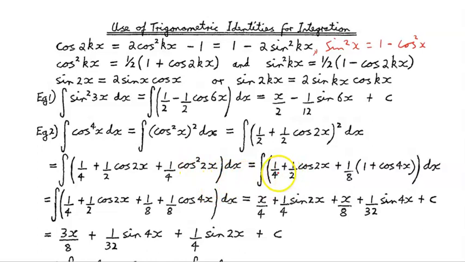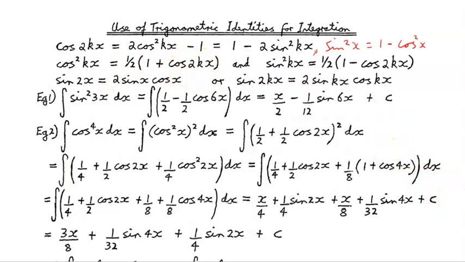Again, resorting to more identities from above, the integral of a quarter plus a half cos 2x, plus this cos squared 2x, where k is 2, we're resorting to this one again, we can write that out as 1 on 8, parentheses 1 plus cos 4x, the 1 on 8 coming from the factor of a half multiplied by the quarter here, outside of 1 plus cos 4x.